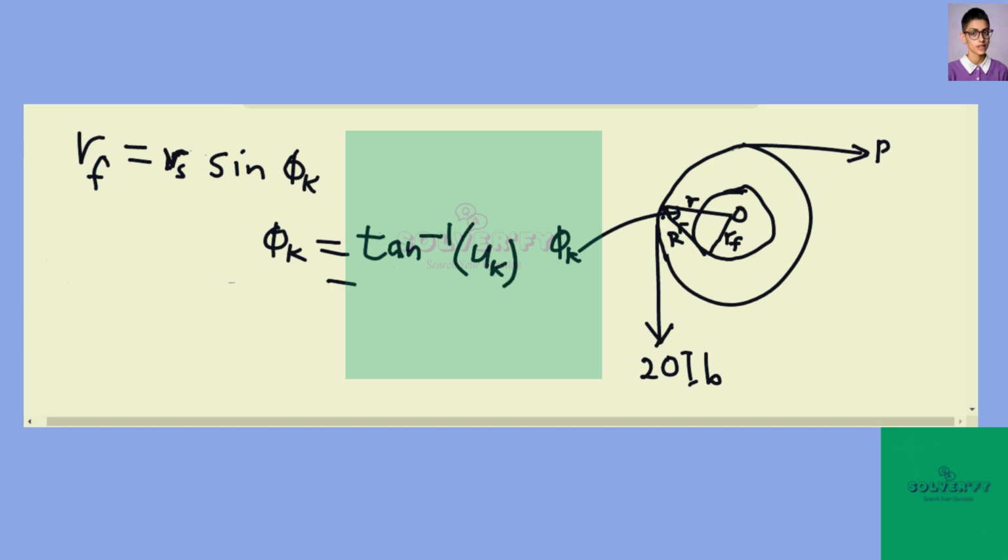When we do this, we arrive at 16.7 degrees as the angle of kinetic friction. We can now apply this into this equation. We plug in the radius of the shaft, which is 2 inches.